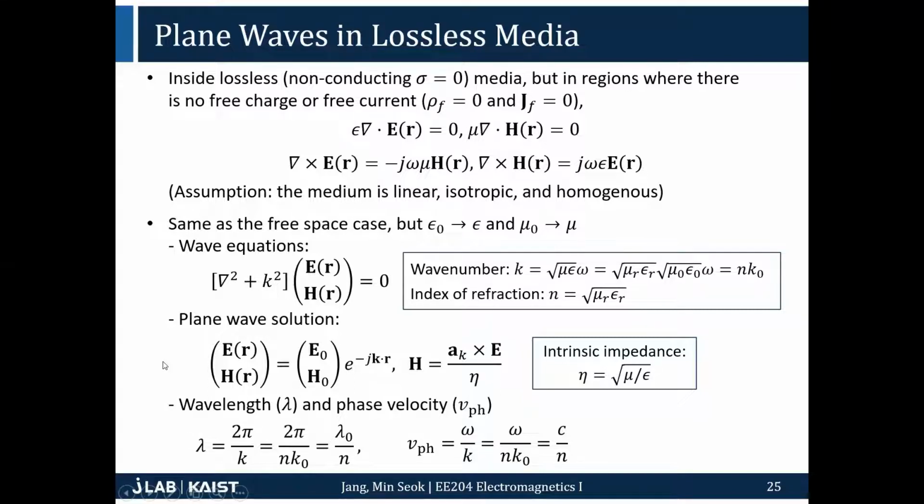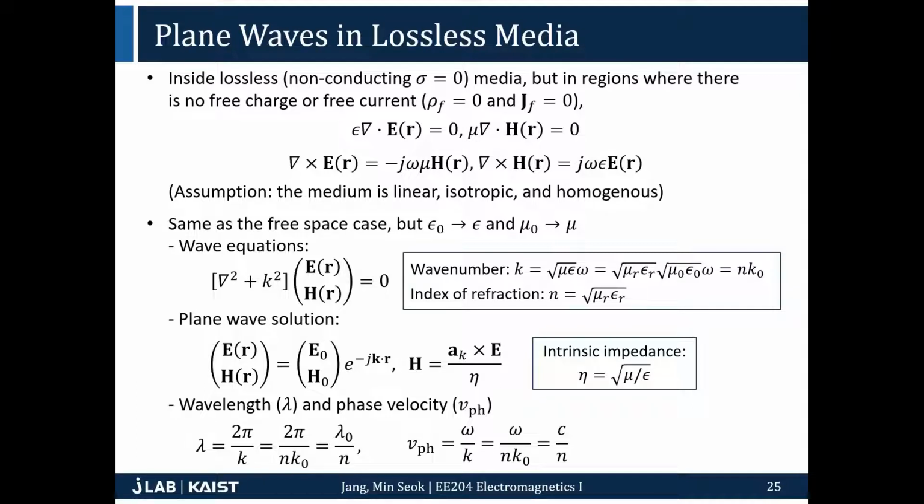Okay, so I guess this is easy, right? All we did is replace epsilon 0 and mu 0 with epsilon and mu. All the other things are exactly the same. Next time, we are going to learn the case when we have a conducting material, so sigma is no longer zero. Then what happens?